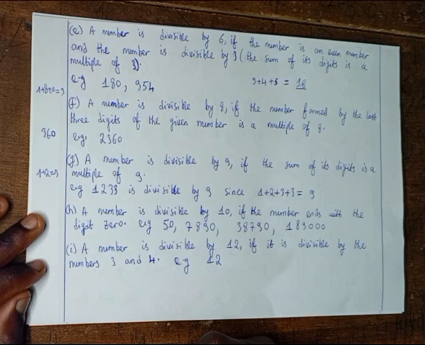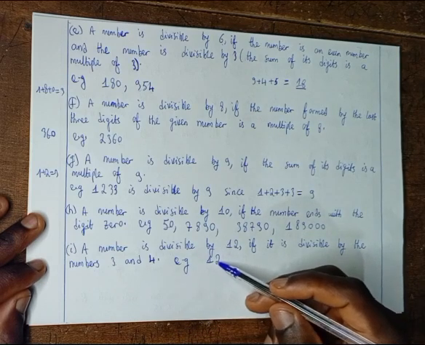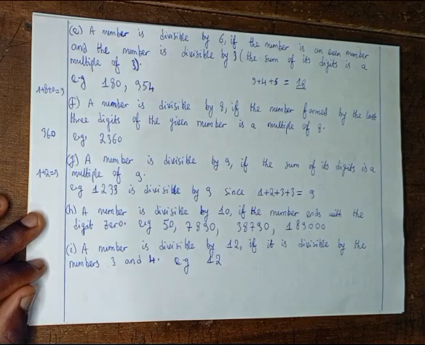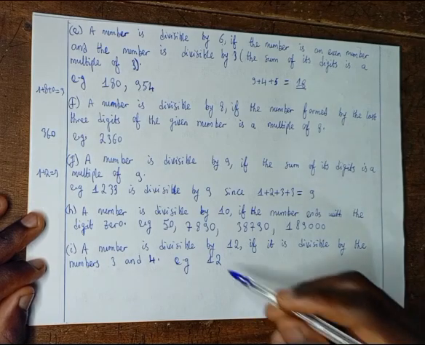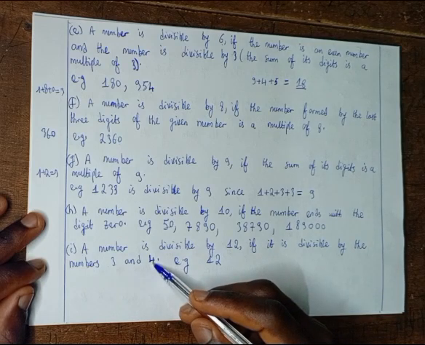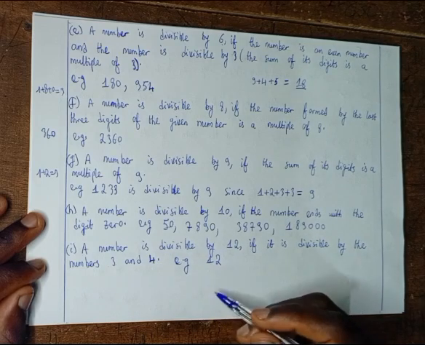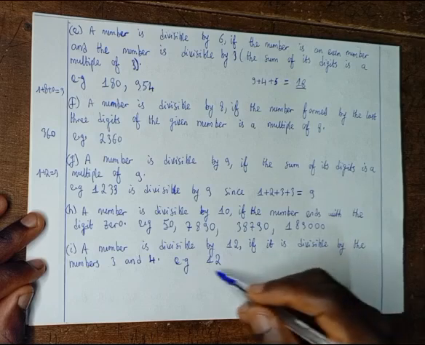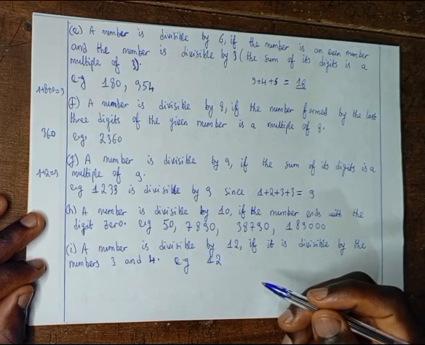The number 12 is divisible by 4 because the number formed by the last two digits, which is simply 12, is a multiple of 4. So we conclude therefore 12 is divisible by 12. You can see 12 is even a multiple of 12.